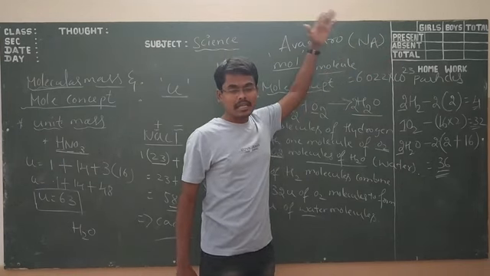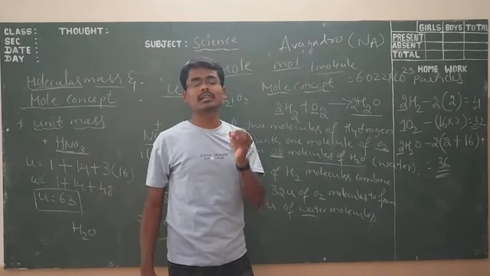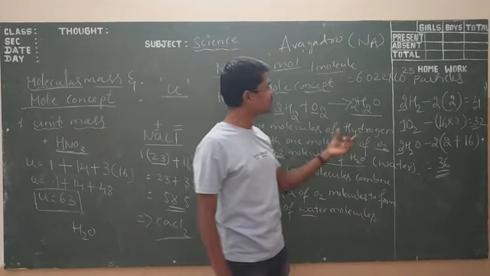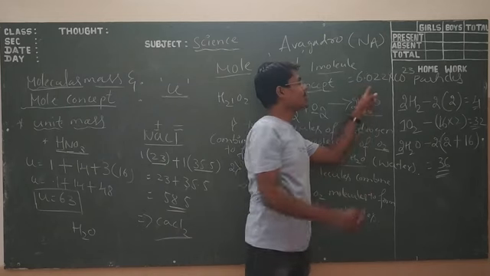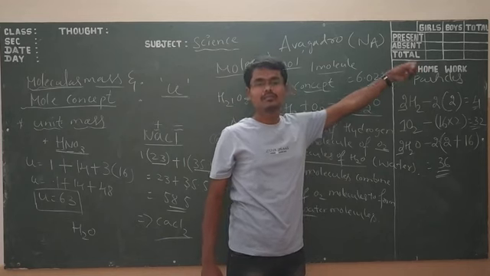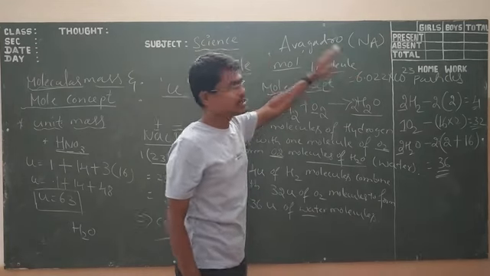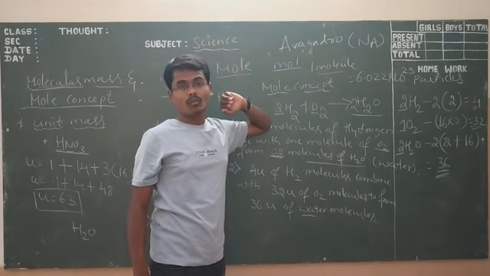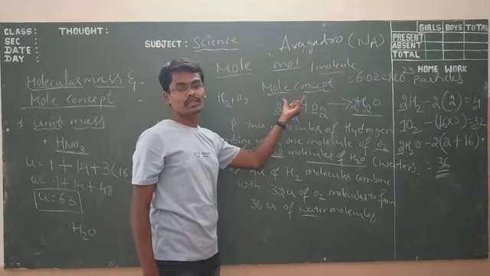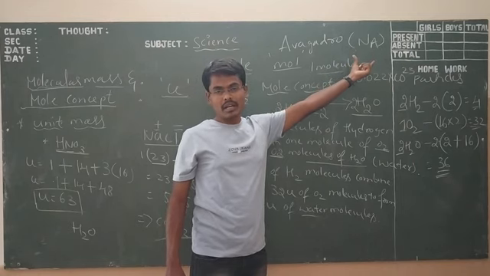So Na is nothing but the Avogadro constant or Avogadro number, both are the same. This Avogadro number indicates the number of particles, atoms or molecules present in any substance, any matter, is 6.022 into 10 power 23. This is your mole concept. To understand the mole concept, there should be this Avogadro number or Avogadro constant.